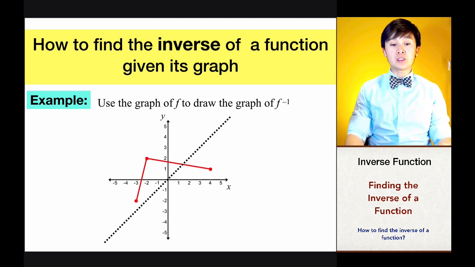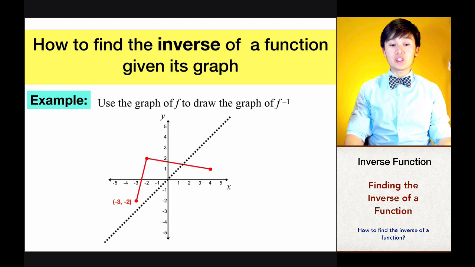And to be able to reflect our function easily, we're going to use the 3 points that we are seeing right now, and we're going to find its ordered pair, starting with the first point over here, which is -3 and -2. And just like what we did from the previous examples, we're interchanging the value of x and y to find the inverses. We're going to be doing that as well in this graph.